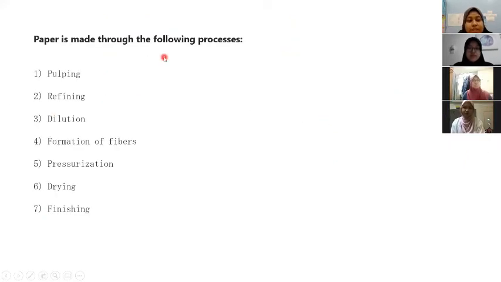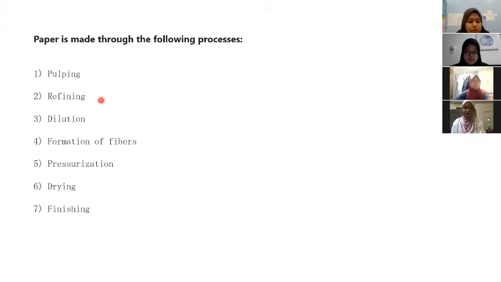Alright, paper is made through the following process, which is pulping, refining, dilutions, formation of fibers, pressurization, drying and finishing. Pulping is a procedure done to spread and clean the fibers. Refining is a procedure followed after the pulping process.